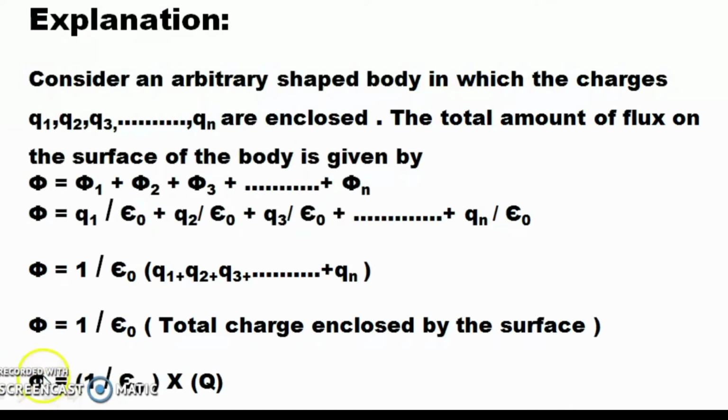Here, the total flux through the surface is equal to 1 upon epsilon naught times Q, where Q means the total charge enclosed by the surface. So this formula is known as Gauss's law. The total flux through the surface is equal to 1 upon epsilon naught times the total charge enclosed by the surface. So this is known as Gauss's law.